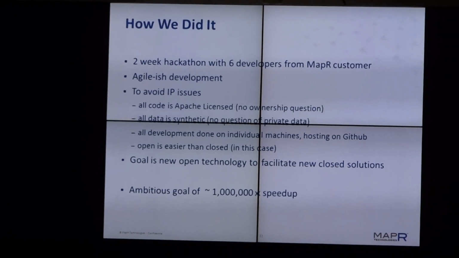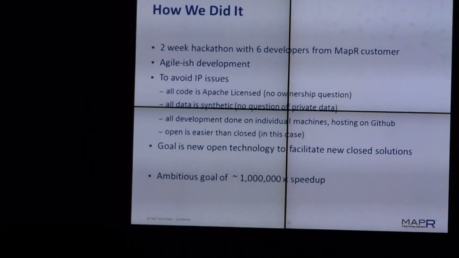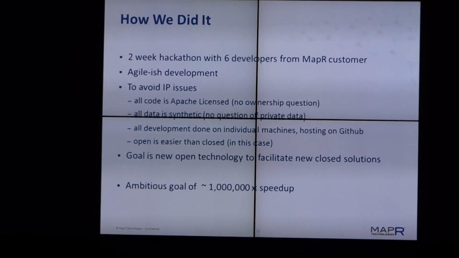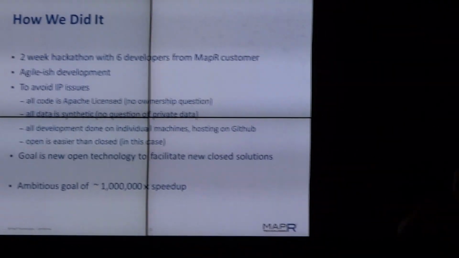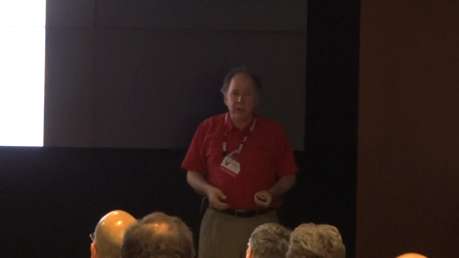Well, we decided to avoid all those issues by working on synthetic data and make it all open source. So, the solution to this closed question is just make it all open. Nobody owns it, basically. Everybody can use it. And suddenly everybody was happy. It was a wonderful moment when suddenly being open had fixed all the closed problems.